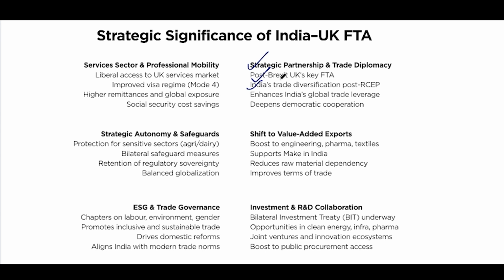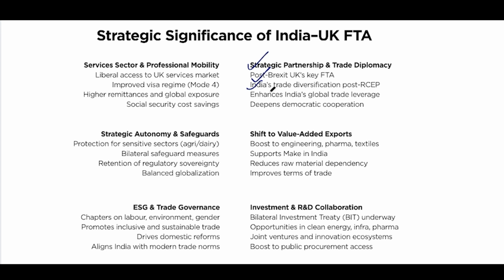And since then, India has been pursuing bilateral pacts to diversify its portfolio. Observers note that the FTA is arguably the UK's most significant bilateral trade deal since Brexit, underlining India's importance as a trading partner.